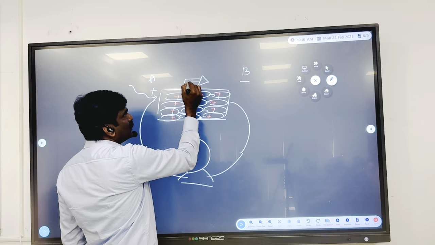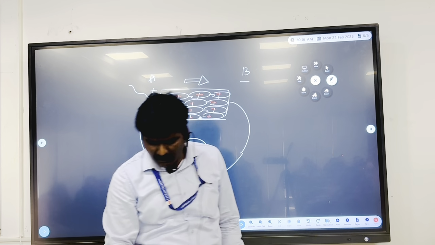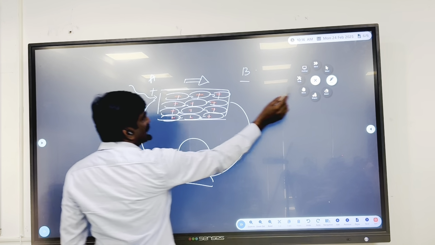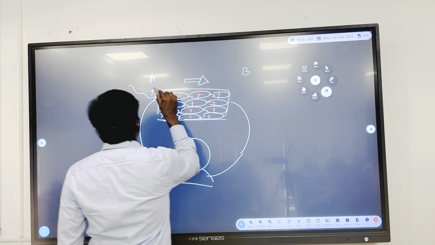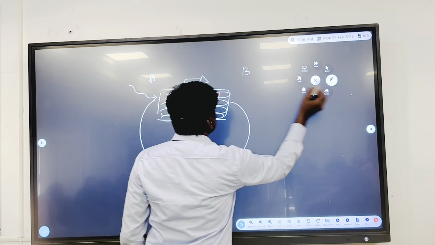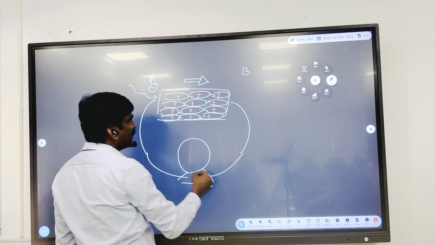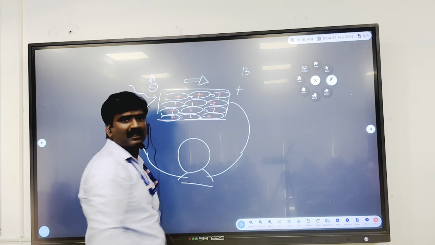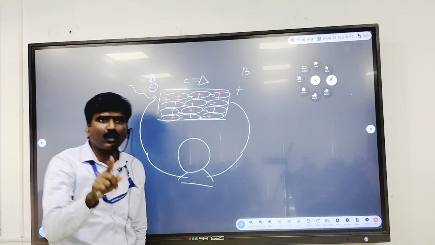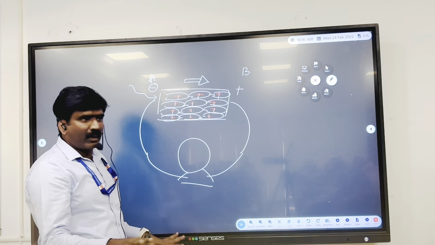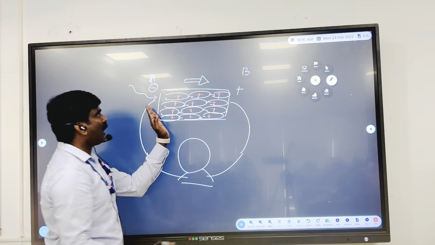is moving towards, right? Sorry, this is the negative side and this is the positive side. We'll take an example. The negative electrode is connected to this side and the positive electrode is connected to the other side. Are you clear what I am saying? Right? So what is happening now?